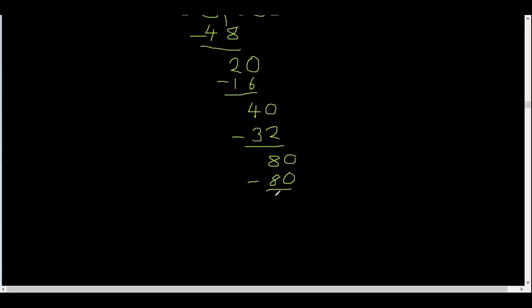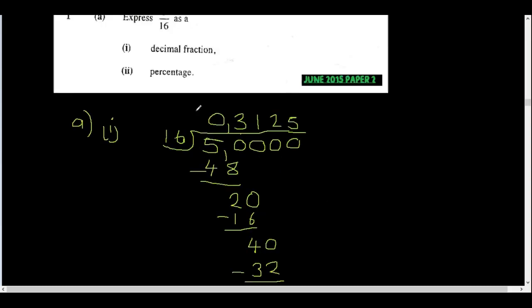Then we get 0. Therefore, expressed as a decimal, it becomes 0,3125.